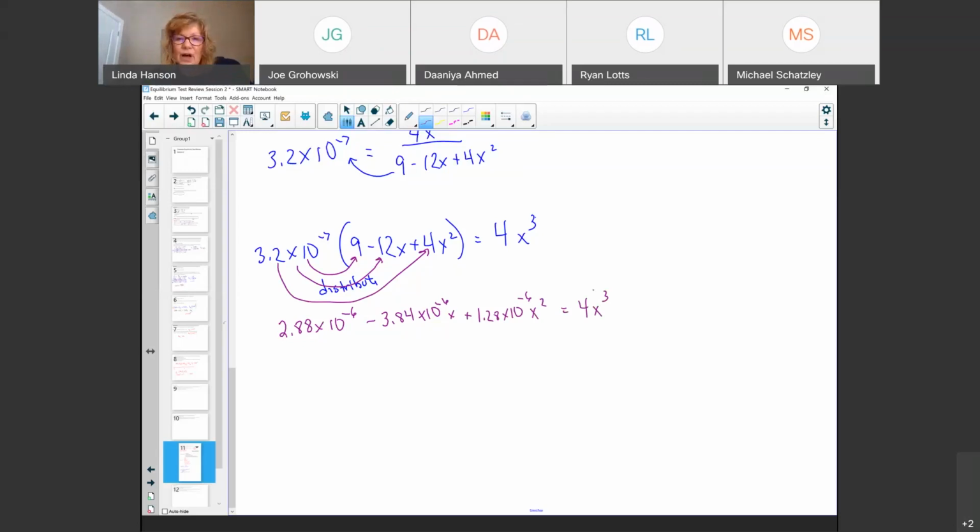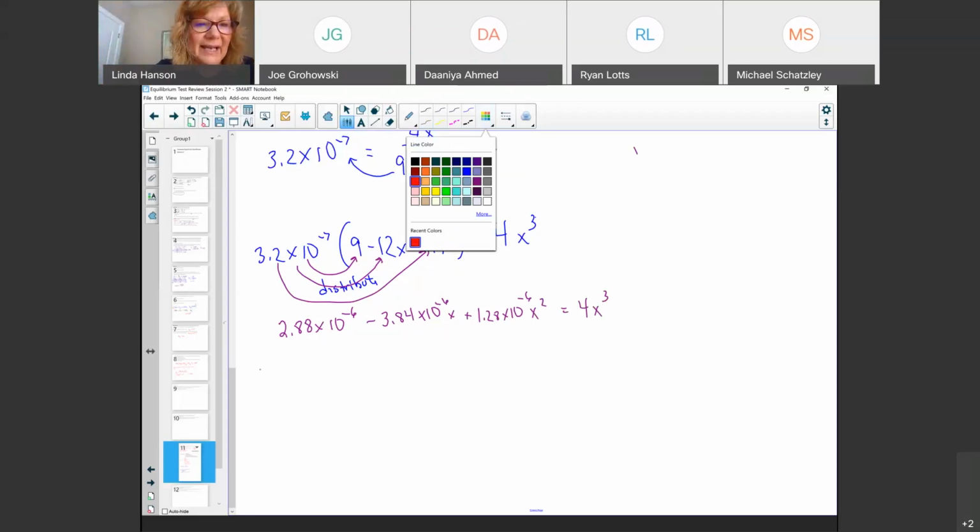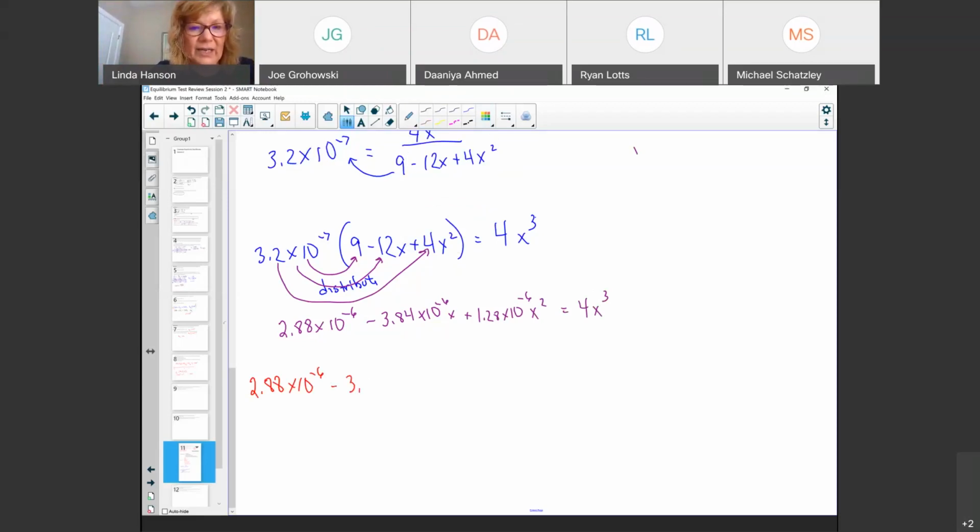Now we know that to solve these complex formulas, we need to set it to 0. So I'm going to rewrite what we have so far: 2.88 times 10 to the -6 minus 3.84 times 10 to the -6 x plus 1.28 times 10 to the -6 x squared minus 4x cubed, all equal to 0.